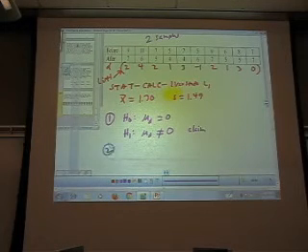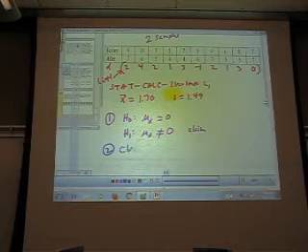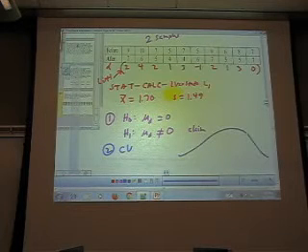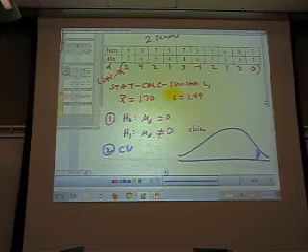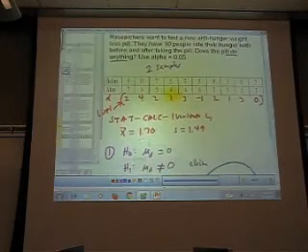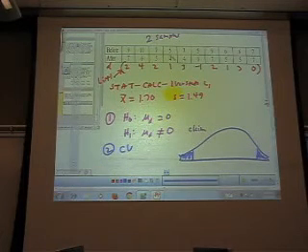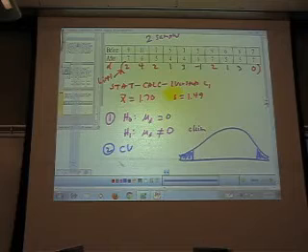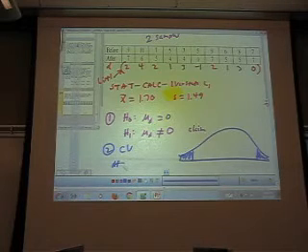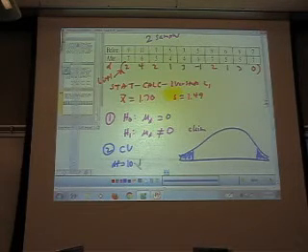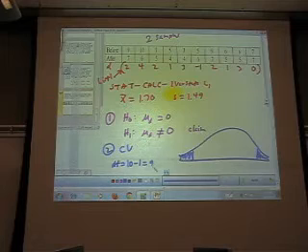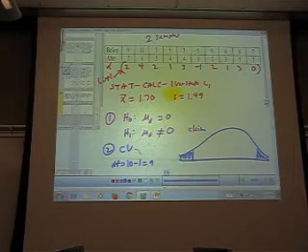Step 2 is going to be finding my critical value. This is 2-tailed. Alpha is 0.05, 2-tailed. The sample size is 10, so my degrees of freedom is going to be 10 minus 1, so it's 9. What did you guys get for your critical value?